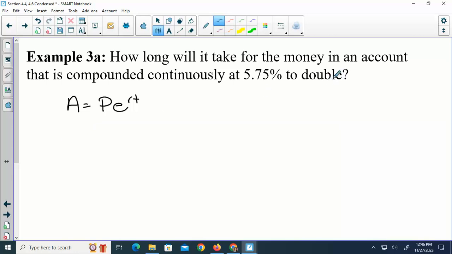So we want to know how long it will take for the money in an account that's compounded continuously at 5.75% to double. Okay. This is my rate. We always have to change it to decimal format, so 0.0575. Did I tell you how much you were going to start with? So what do I do?